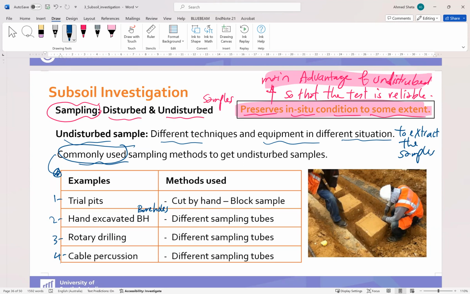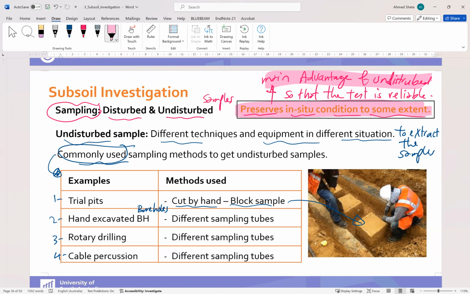From the trial pit, we need to cut a block sample by hand, similar to the example here. As you can see, the worker tried to keep the sample very good and not disturb it, and cut slowly by hand to keep the properties, preserving the texture and the shape of the soil.